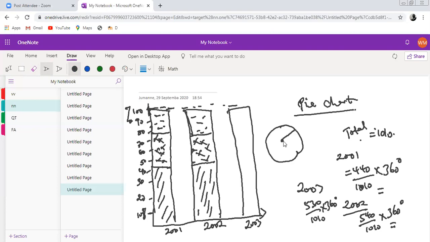You start with the line, because that one will be smaller. It's going to have a smaller sector. And then we have the other one, the one that is going to have a bigger sector. That is simply a pie chart. It is a circle that's subdivided into sectors. The bigger the sector, the bigger the quantity. Those are the ways that we can present the data. Those are data presentation methods. Anybody with a question?